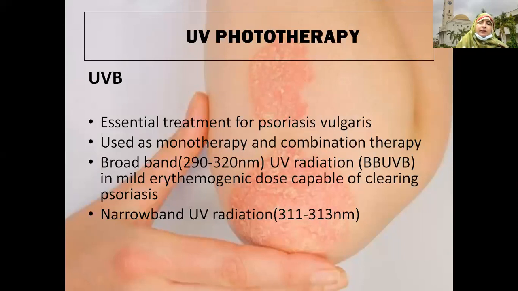And this is a very essential treatment for patients having more than 10%, that is between 10 to 30% body surface involvement, without any of the side effects that are there with the systemic agents. So we can keep the patients on topical with antihistamines, and we can call them for phototherapy usually 2 to 3 times a week.